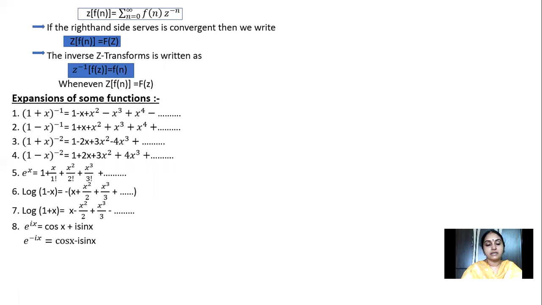E power minus i theta is cos theta minus i sin theta. Cosh theta is e power theta plus e power minus theta by 2. Sinh theta is e power theta minus e power minus theta by 2. These are the main series we have to know.